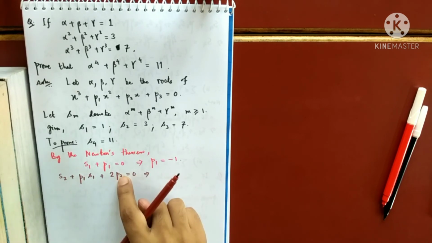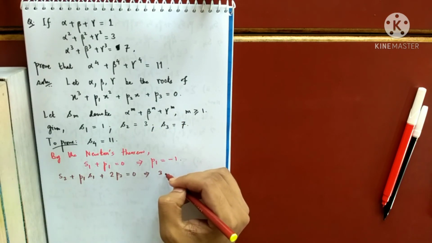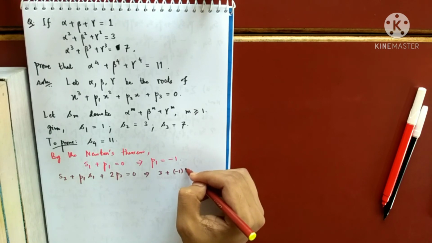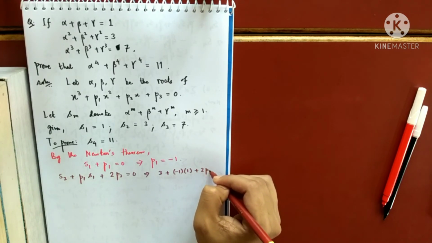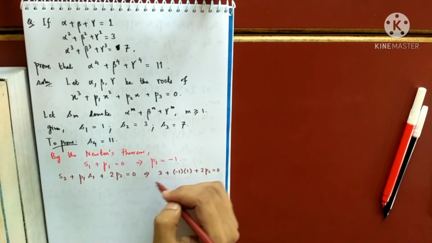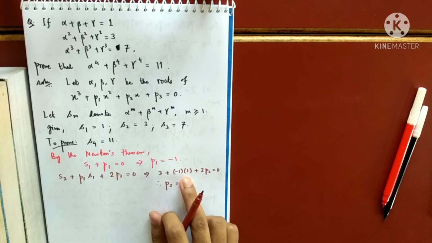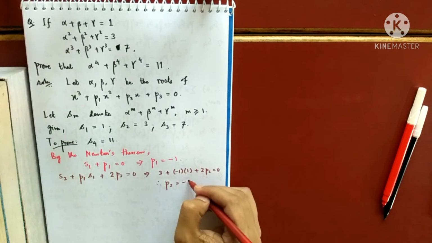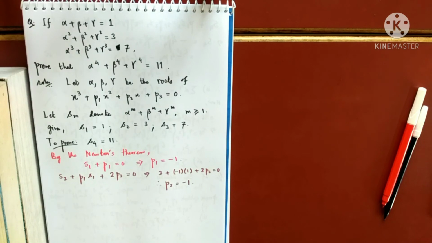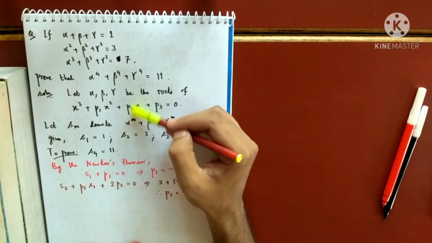Let's solve for P2 from here. S2 is 3, P1 is minus 1, S1 is 1. What is P2 then? 3 minus 1 is 2, so that will be minus 2 by 2, which is minus 1. P2 is minus 1. Right, so I have known the second coefficient also.